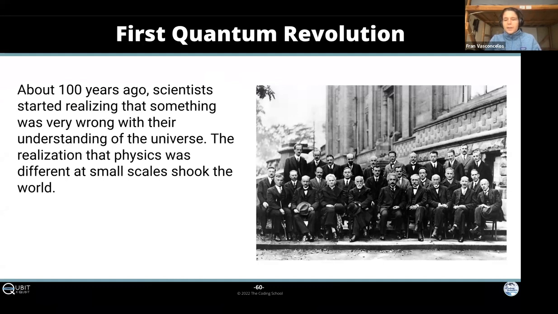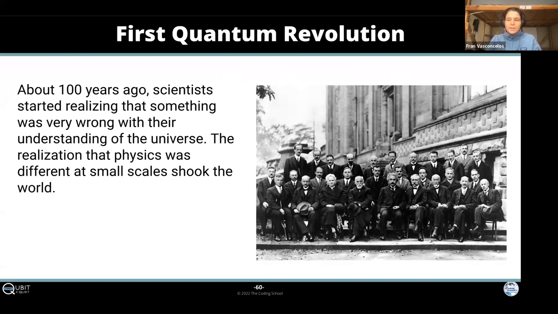On the right, you see a photo from the Solvay Conference, in which there are some famous scientists you might recognize, like Albert Einstein, who, although he's really known for his contributions in relativity, did in fact receive his Nobel Prize for his work on the photoelectric effect, which was one of the key original experiments in the development of quantum mechanics.